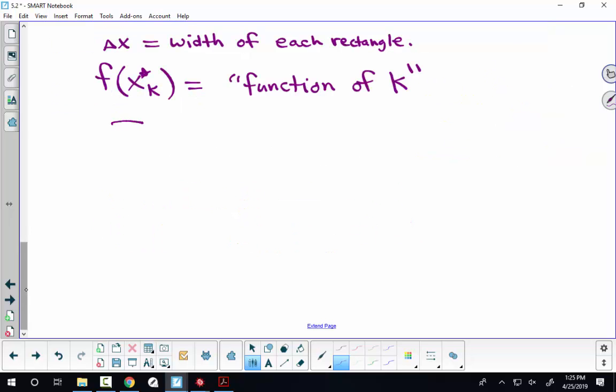So we have that sum from k equals 1 to n, and it operates on k. Really this sum from k equals 1 to n is operating on that function of k, f of x star sub k, my bad.